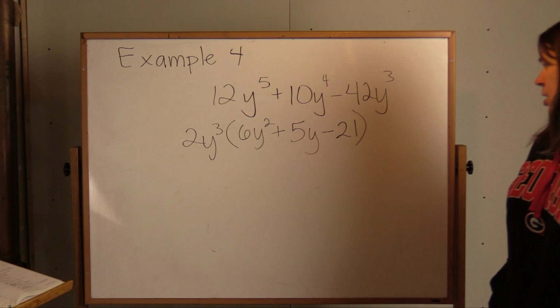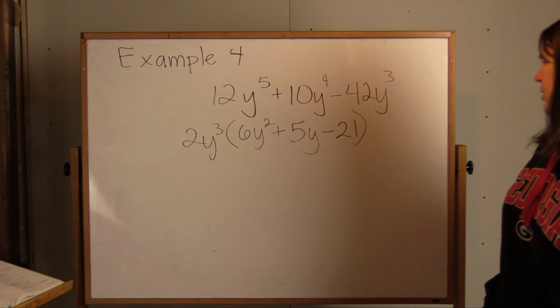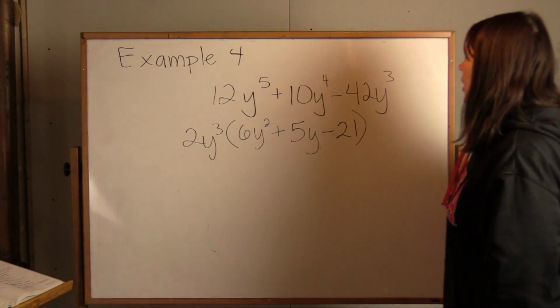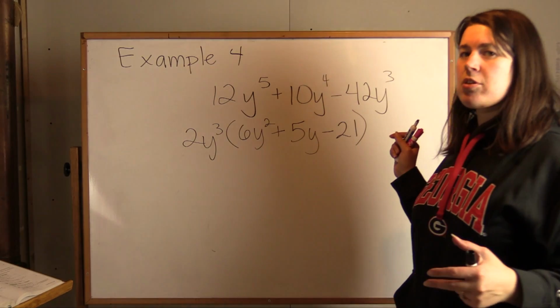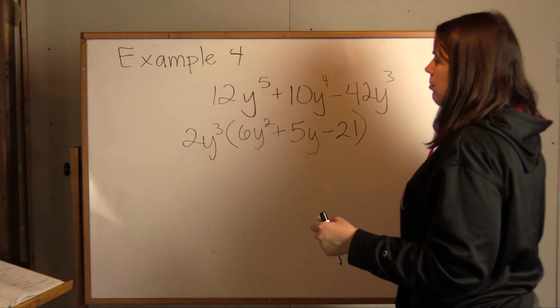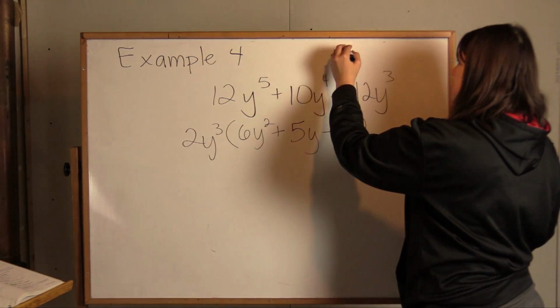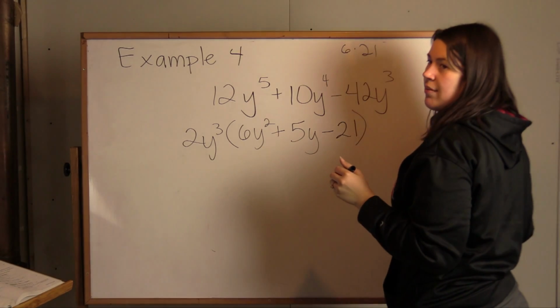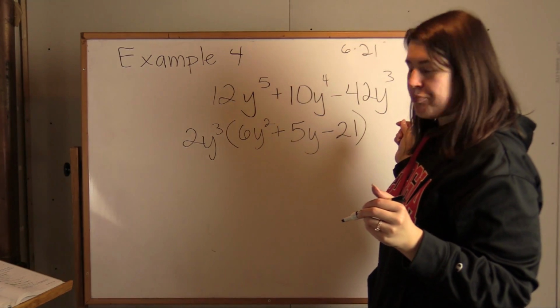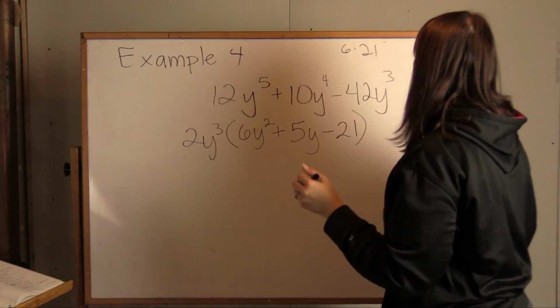Okay, so this is actually a good time to have a calculator, but I think I can do this in my head. Looking at the next part, we're now going to move on to factoring by grouping because this has a coefficient larger than 1. So we do need factors of 6 times 21 that are going to give us our middle number, okay?